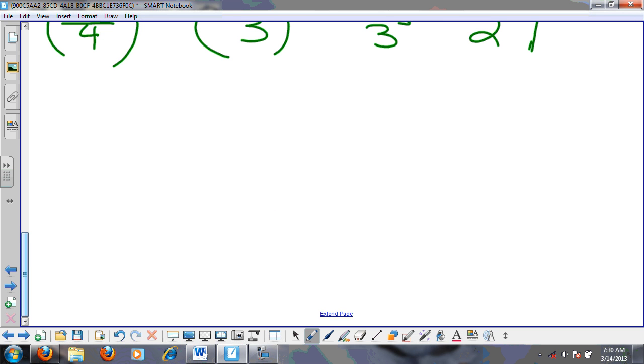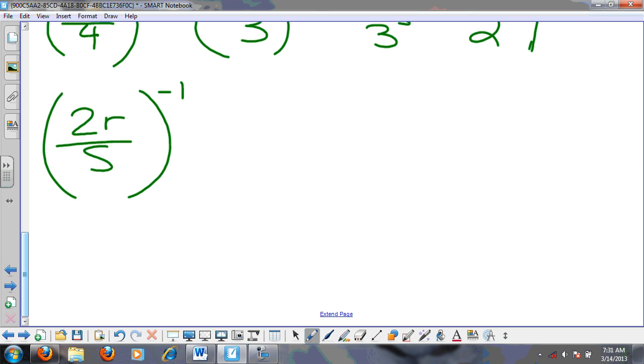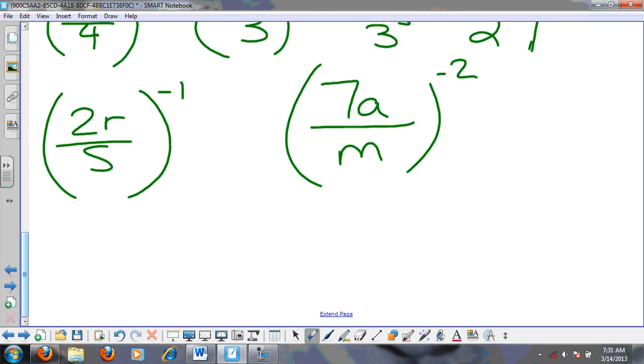Last two examples. Let's look at C and D on the quick check. C is 2R over S to the -1st power. And D is 7A over M to the -2nd power.